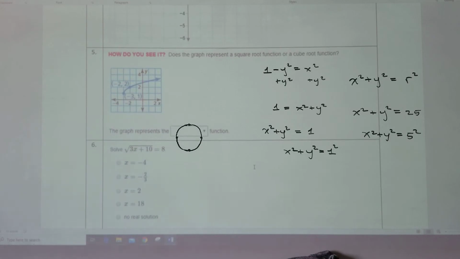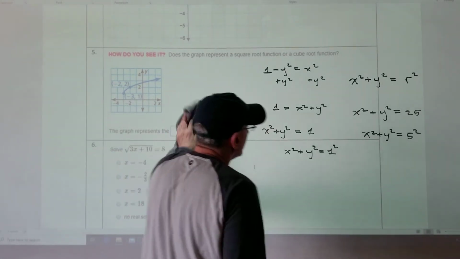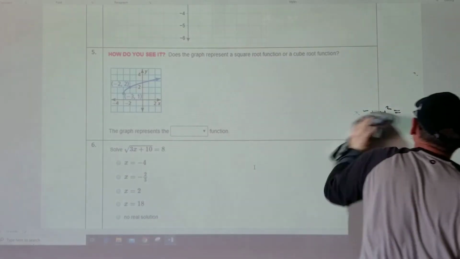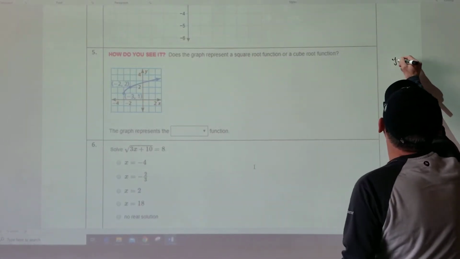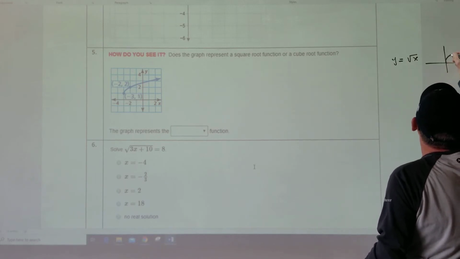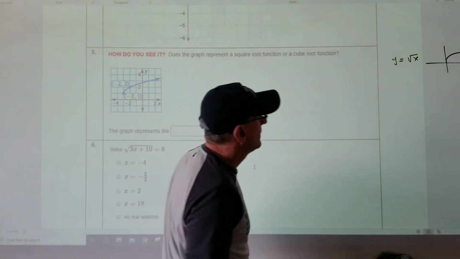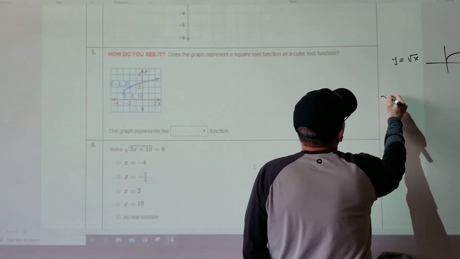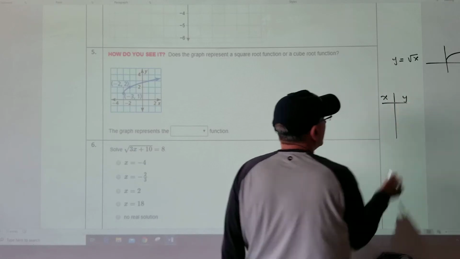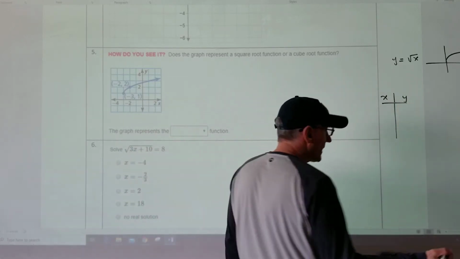Problem 5. Does this graph represent a square root or a cube root? Okay, we've graphed square root functions before, and you know they look something like this. The first time I ever had students graph this, I told them to take the positive values in the table of x squared.